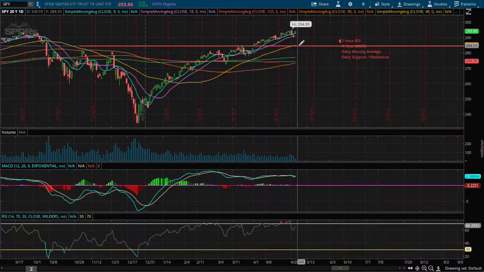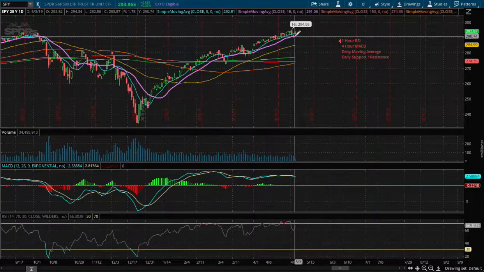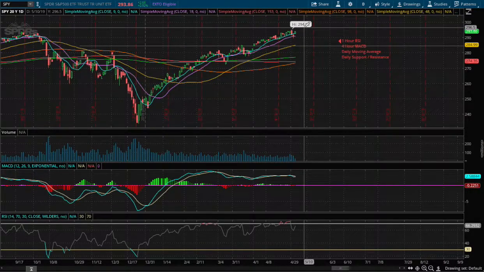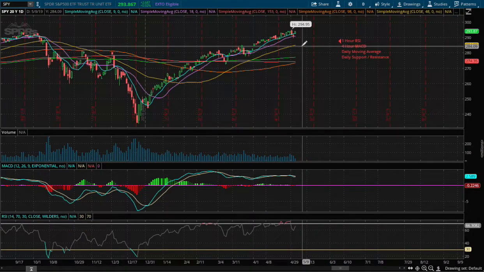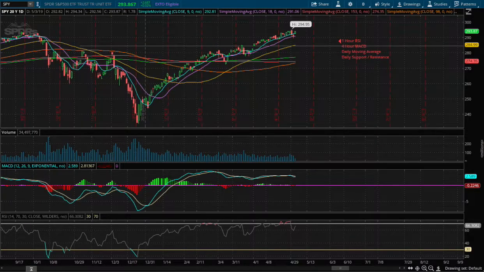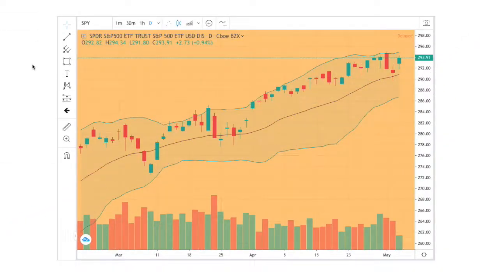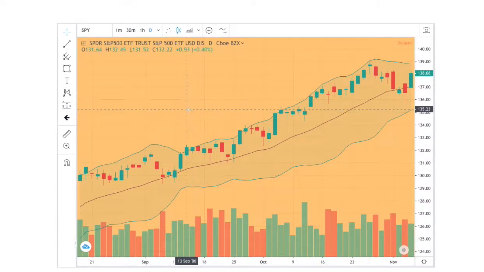So a serious floor here. We may get another all-time high, and then we may proceed in a sideways motion touching the 50-day moving average eventually.